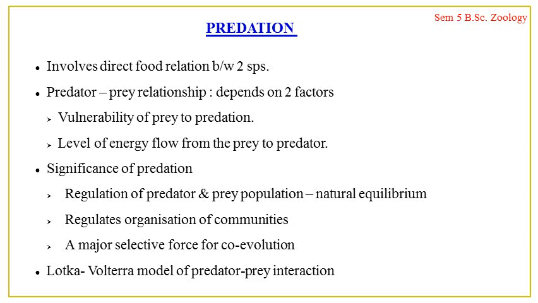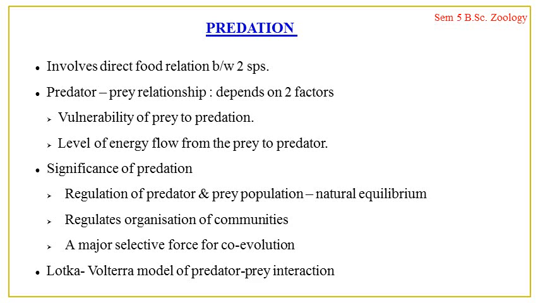You may not be able to detect its presence in the ecosystem, and it may escape being detected by the predator. So that kind of escape mechanism is also developed in prey animals, so that they escape predation. And similarly, predators also develop certain kinds of adaptive features to hunt down the prey.